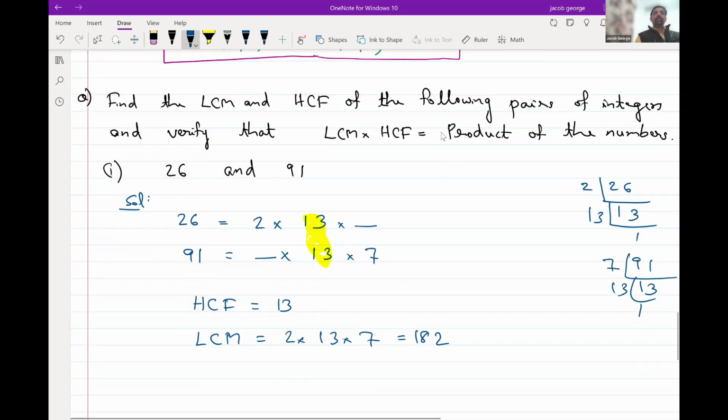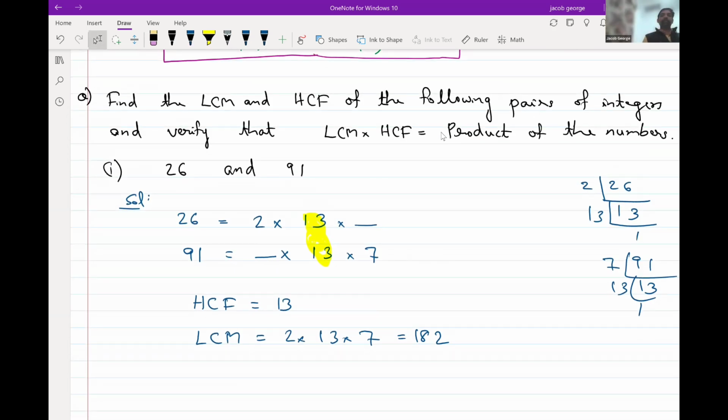Then one more part is there, that is verification. The verification means you multiply LCM into HCF. What is that, LCM into HCF? 182 into 13. That we keep in the first line. And in the second line, you multiply the product of the numbers. What are the numbers? 26 and 91, that we multiply in the second line.